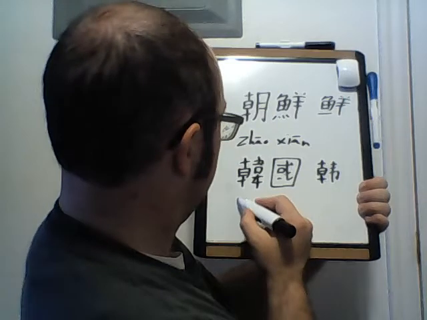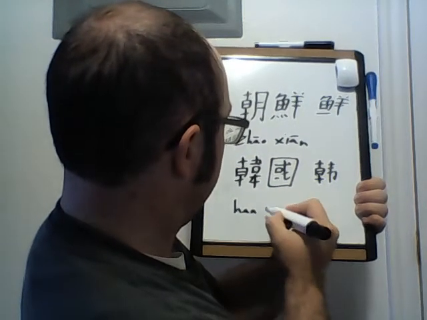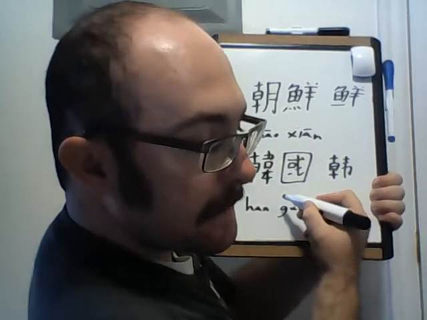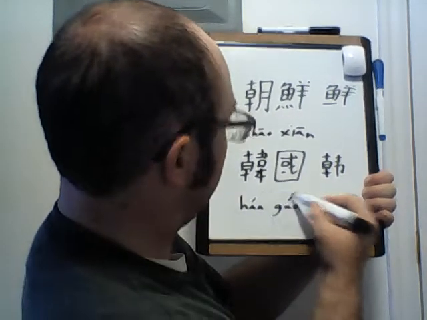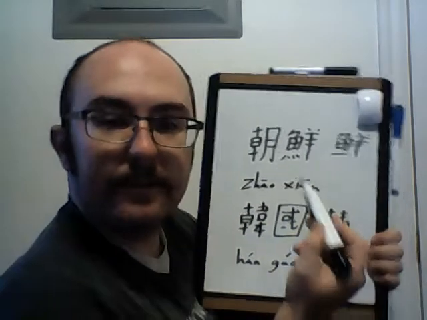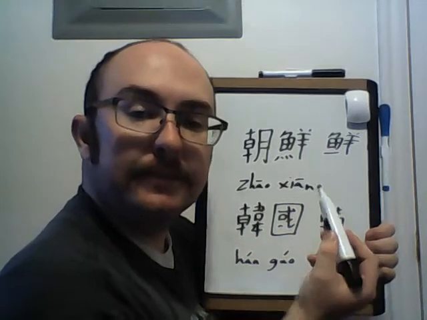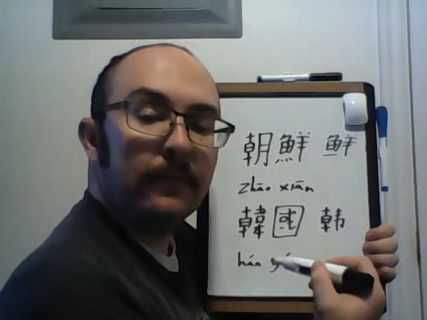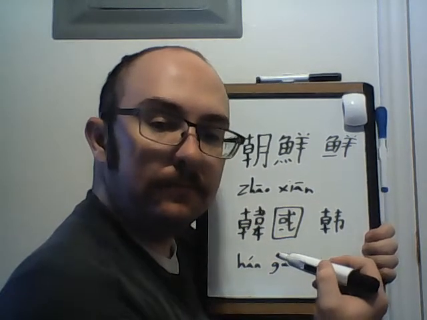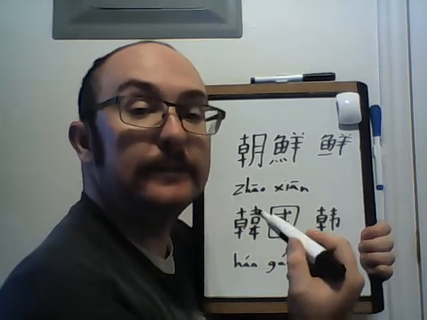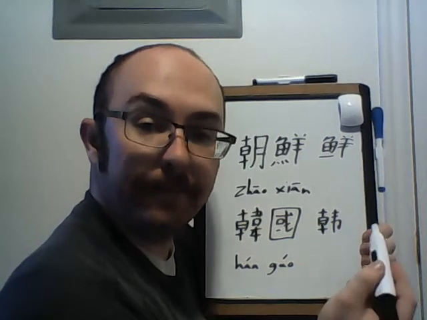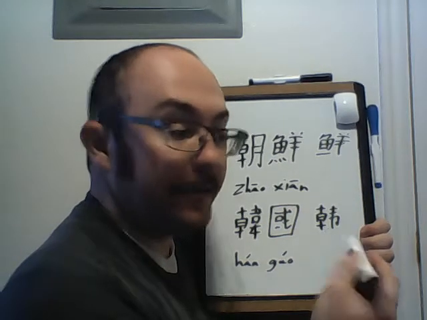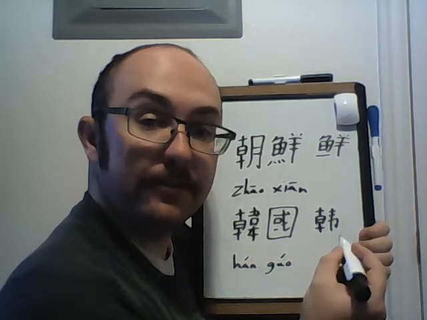And this is so you have Zhaoxian and 韩国. Random trivia: Han is a Chinese surname, as is Han, a character that we're going to go over in a few videos here, so we'll get there.